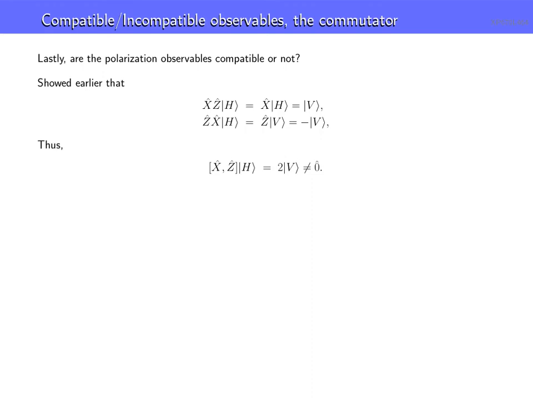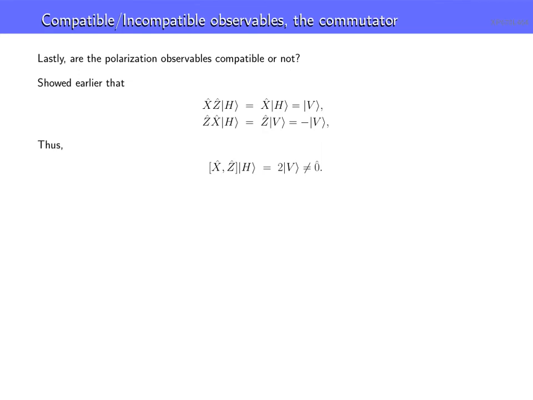Now again, you can also go back, and I urge you to do this, to the matrix form and determine the commutator as a matrix, by multiplying the matrices in two opposite orders and subtracting them. You'll find it's not equal to 0.